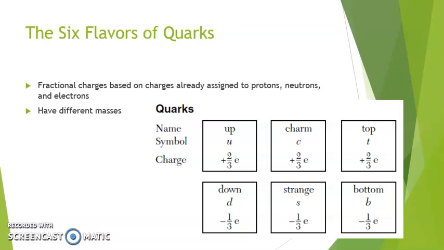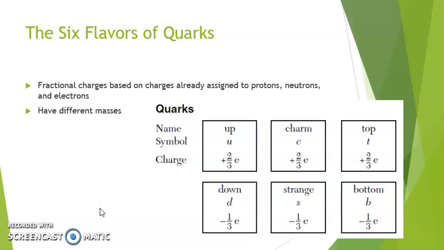Quarks themselves are charged, but they have fractional charges. Quarks are either a charge of positive 2/3 or negative 1/3. Now, it seems weird to have fractional charges, but that's because we'd already defined the charge of an electron to be -1 and the charge of a proton to be +1.